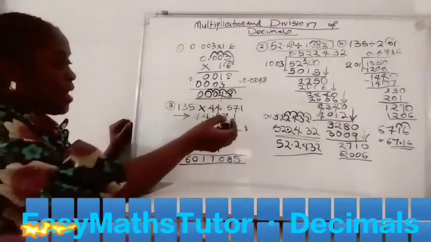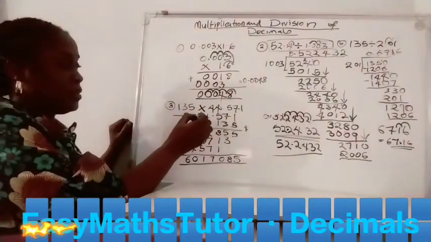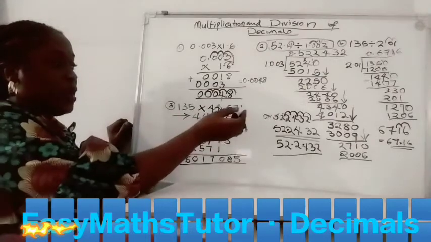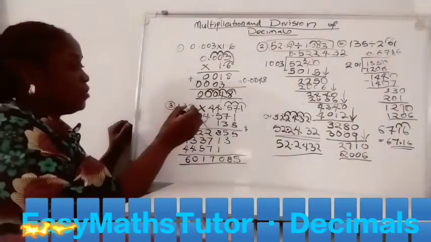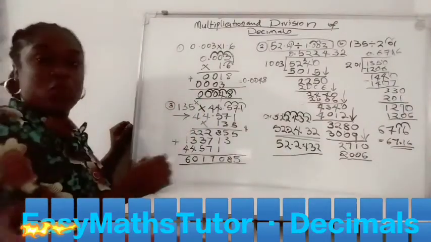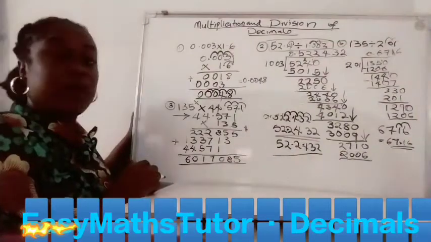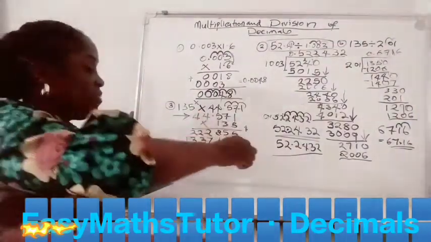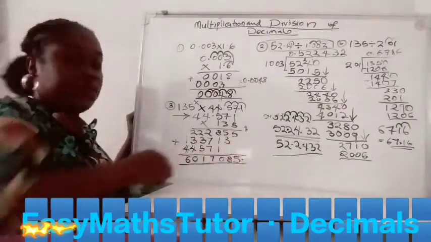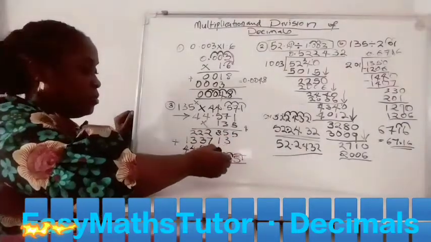So I can see 3 decimal points on this part. So let's count. We have 1, 2, 3. Then there are no decimal places on 135. So we have a total of 3 decimal points for the whole problem. So starting from the right hand side, we'll count 3 decimal places. 1, 2, 3.